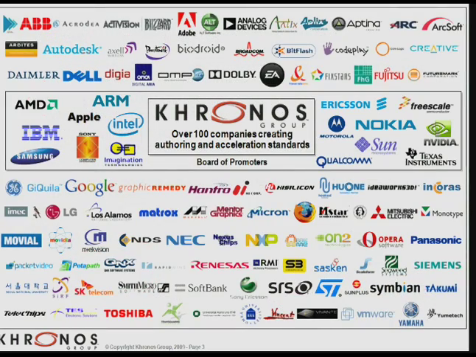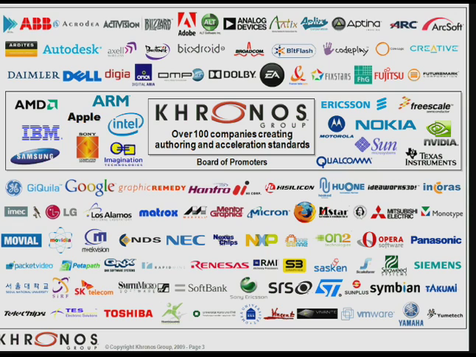We have about 120 members, so we're quite broadly represented in the industry. All of the key silicon vendors are members, application vendors, OS vendors, OEMs from the desktop and mobile spaces, carriers, application developers, tools developers. Everyone has a voice, and any of these members can participate in any of the working groups that Khronos is running.